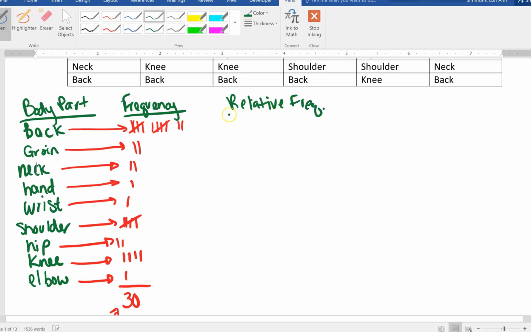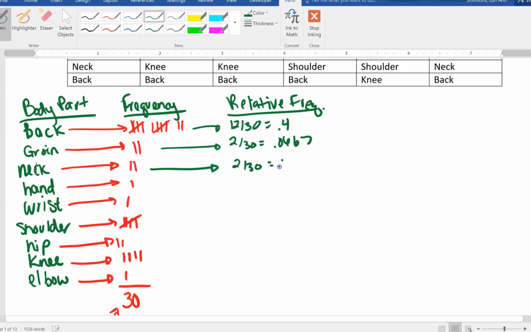So now this is the proportion. We have 12 out of 30, so it's going to be 0.4. This is going to be 2 out of 30, which is 0.0667. Same for the neck. Hand and wrist will be 1 out of 30, 0.0333.